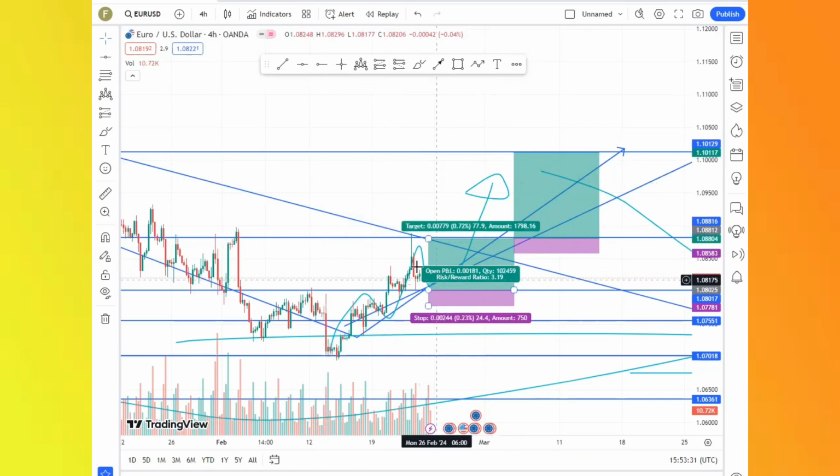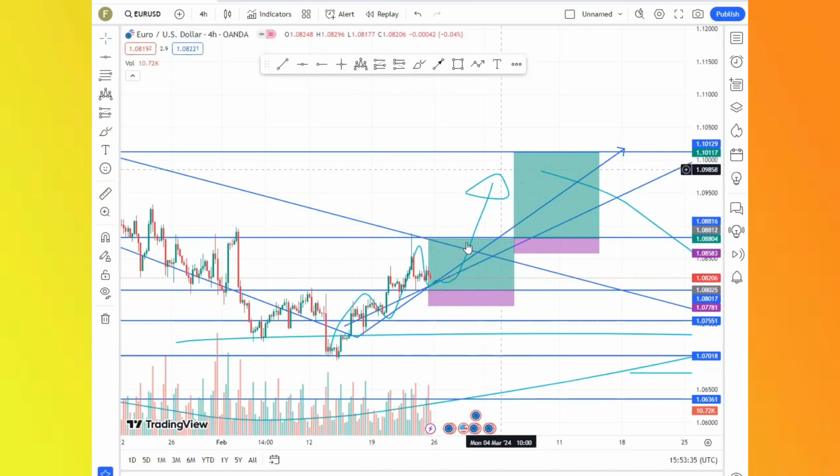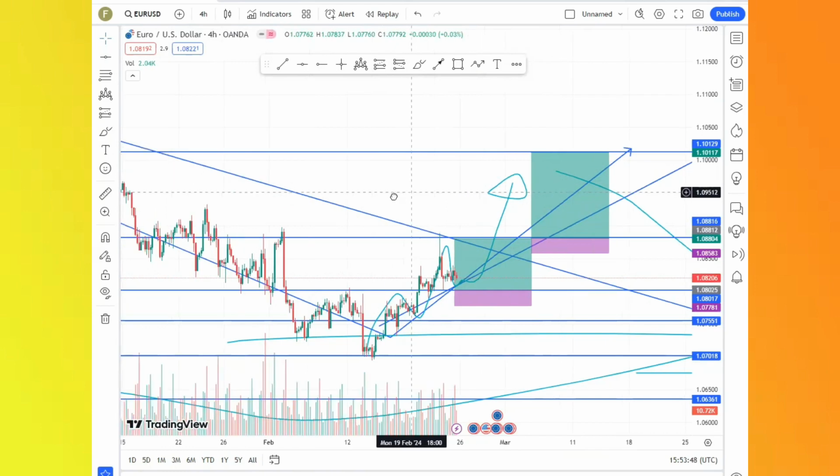As I've said, guys, it has to come to this point here, retest before shooting to the upside. This is the possible move for Euro USD, but again, this is on a 4-hour time frame.